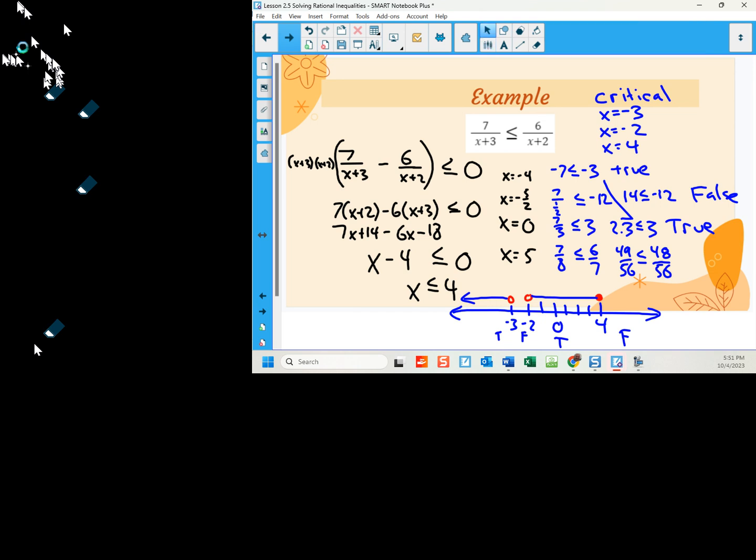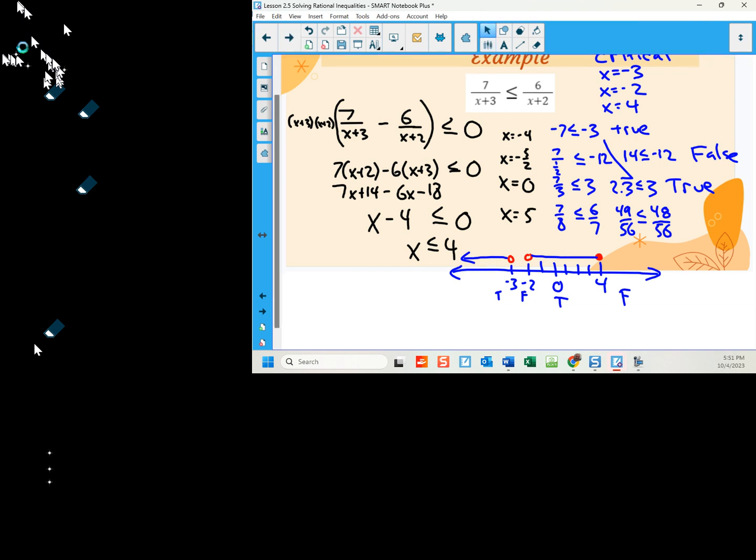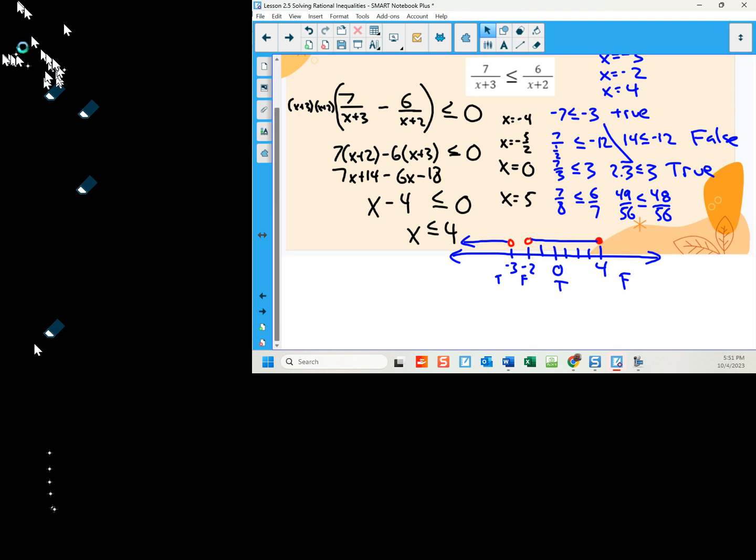With those two intervals, I'm going to give myself a little extra room and write down what this really represents. This represents x less than negative 3, or x is greater than negative 2, but less than or equal to 4.